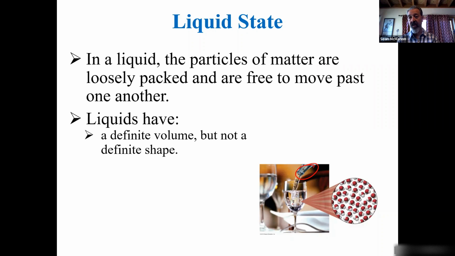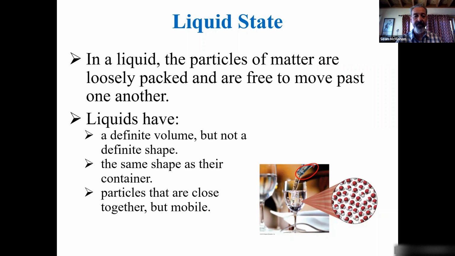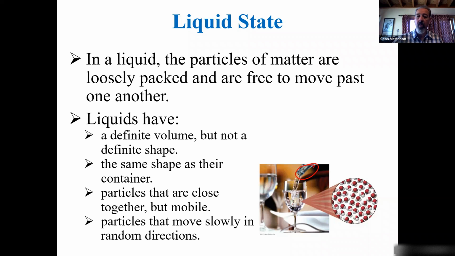It has a fixed volume because the particles are relatively close, but because they're a little further away than in solids, they can slip and slide, and that's why they take the same shape as their container. That mobility is called a degree of freedom, a freedom of motion, and that allows us to pour.